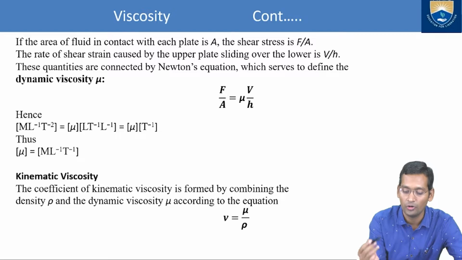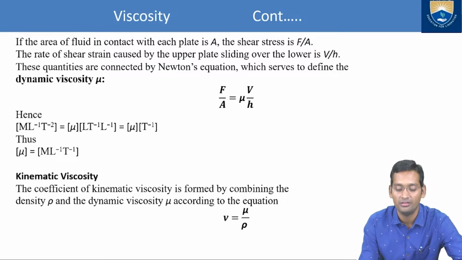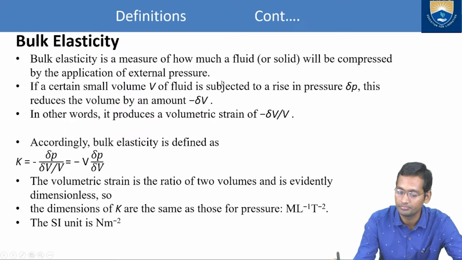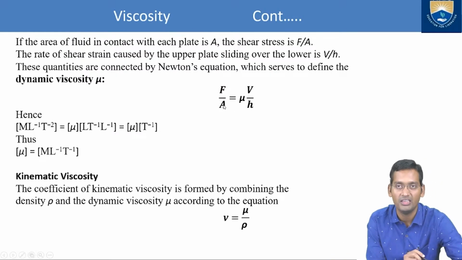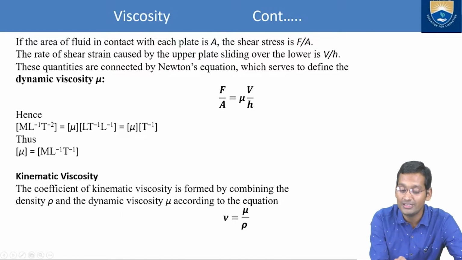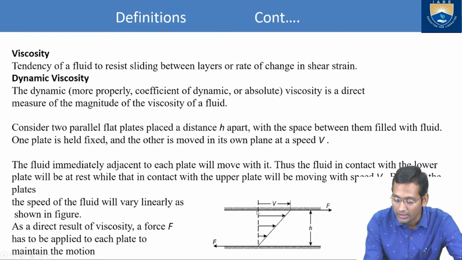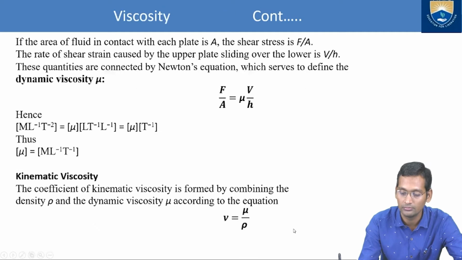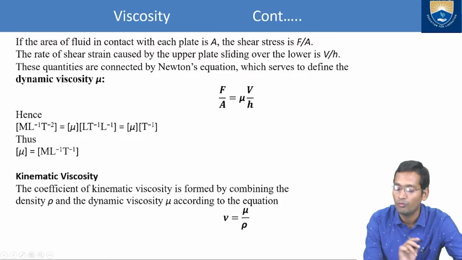Now just see how we can find that. We just saw force by area, that is pressure, right? If the area of fluid in contact with each plate is A, it means that in this figure, whatever area of water or fluid molecules is in contact, that is A. So what will be the shear stress?